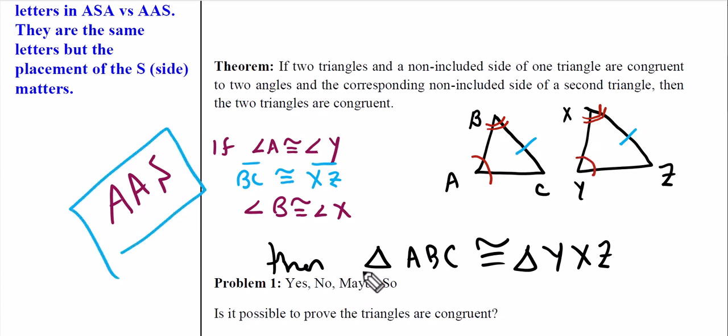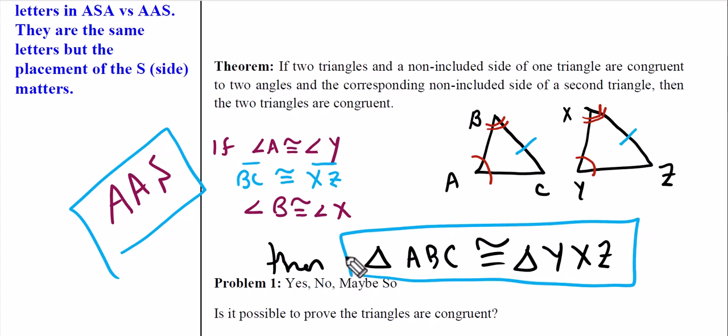Then the triangles would be congruent by the AAS. So it's the same idea, except is the side given in between the two angles or not? If it is between the two angles, it's ASA. If it's not between the two angles, then it's AAS.